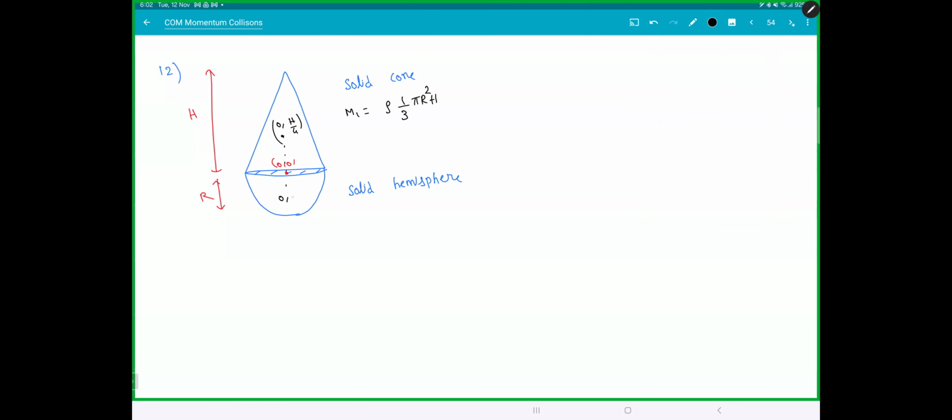This will be 0, comma minus 3r by 8. This mass is m2, which is density into 2 by 3 pi r cube, half of the hemisphere.